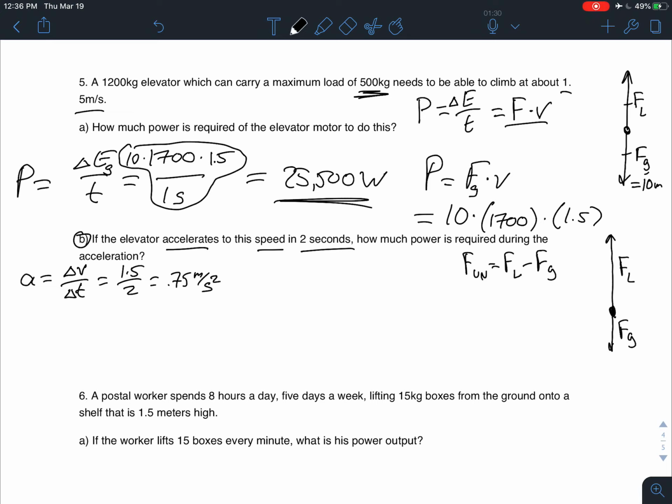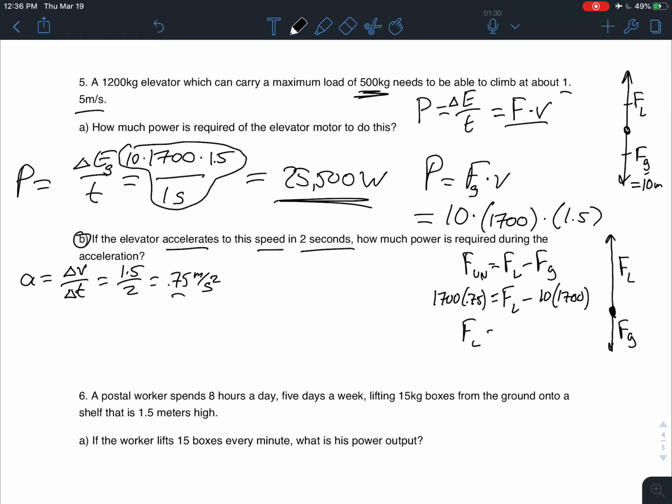All right, so that means when we come over here, this is unbalanced force equals mass times acceleration. So mass is 1,700 times 0.75 that I found here, and that's equal to the lift force minus force of gravity, which is still 10 times the mass.